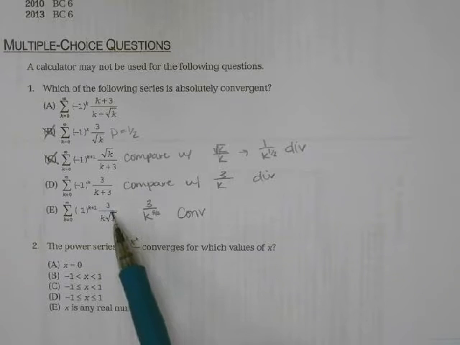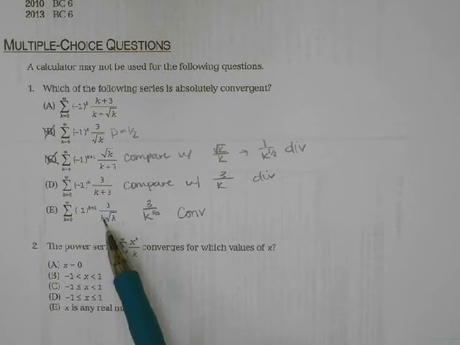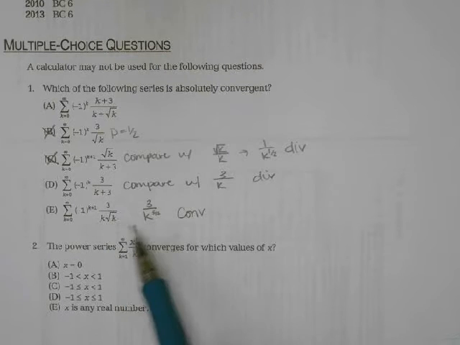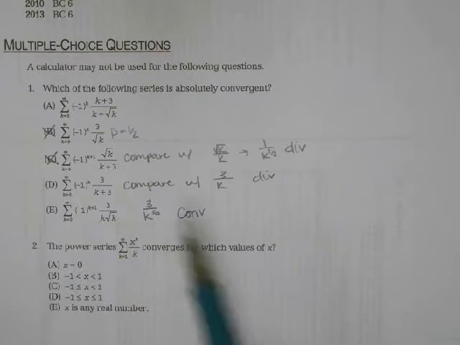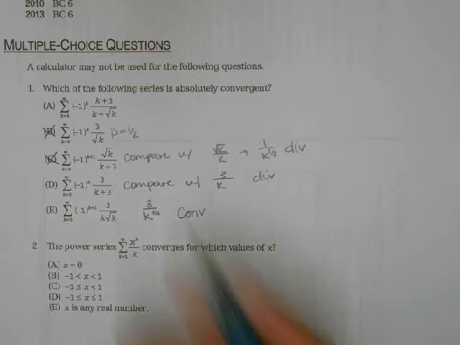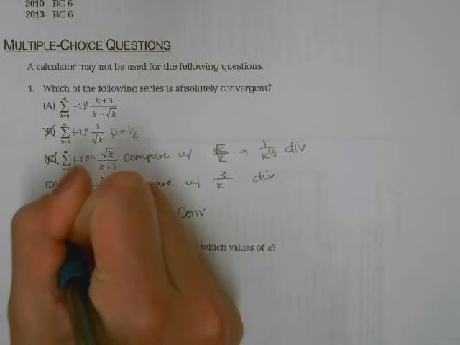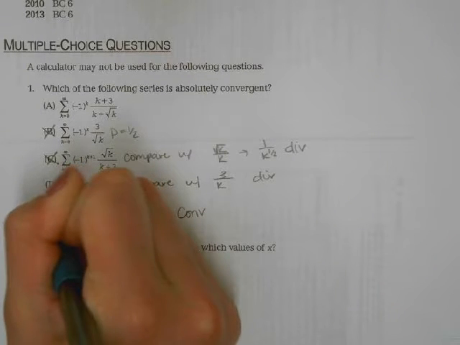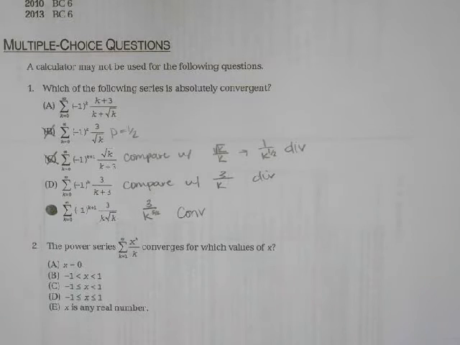The limit as k goes to infinity equals 0, and that is true. And then if I made these plus 1s, would that be less than or equal to if they weren't plus 1s? That was true. So the two conditions worked out, so I knew E was the answer. Because of that, I didn't go back and check A.